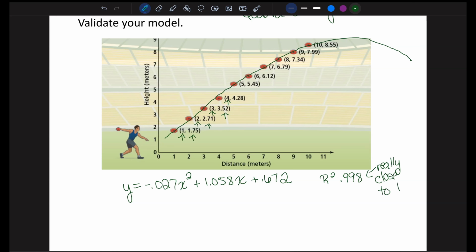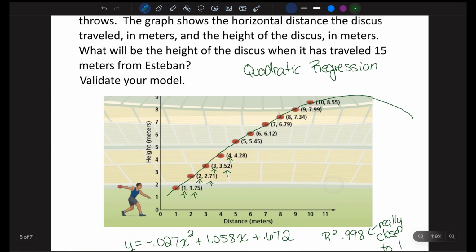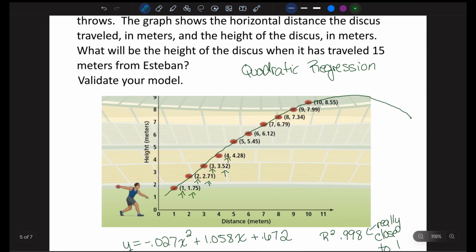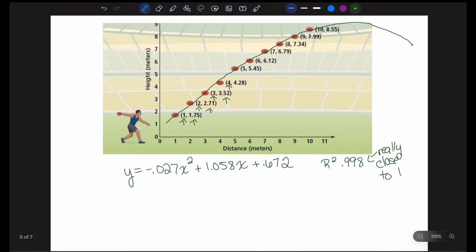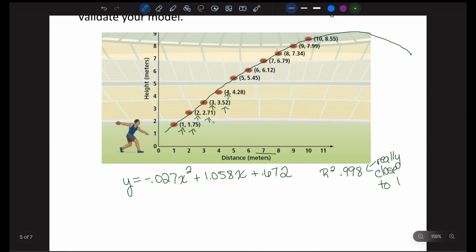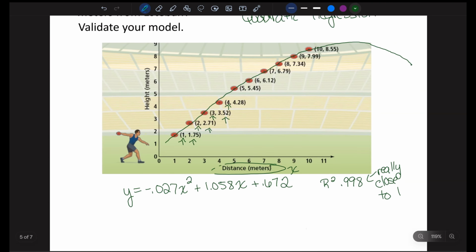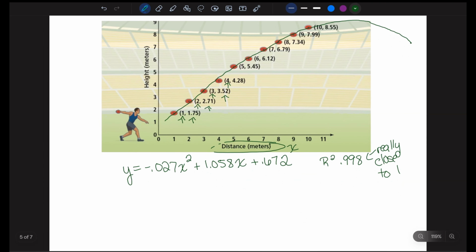Okay? So then it says, what will be the height of the discus when it has traveled 15 meters from Esteban? Well, the distance here, that's your x value. So it's saying when it's traveled 15 meters. Well, if I want to know how high it gets, I just need to plug 15 in for the x's.